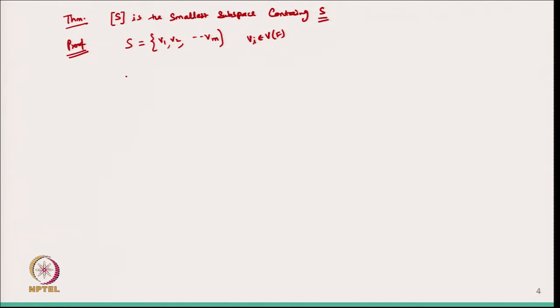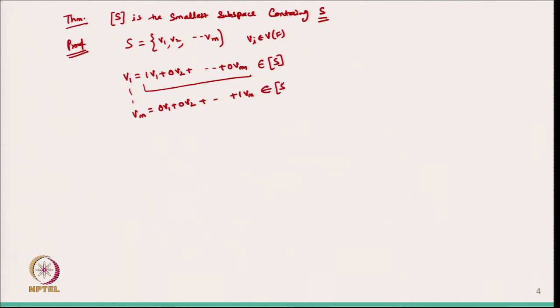Now, I can write my v 1 as 1 v 1 plus 0 v 2 plus 0 v m. Okay. It means v 1 is also a linear combination of these vectors, which implies it belongs to this one. So, the same thing I can do for all. So, I can write v m also as 0 v 1 plus 0 v 2 up to 1 v m. So, that also belongs to span of S.